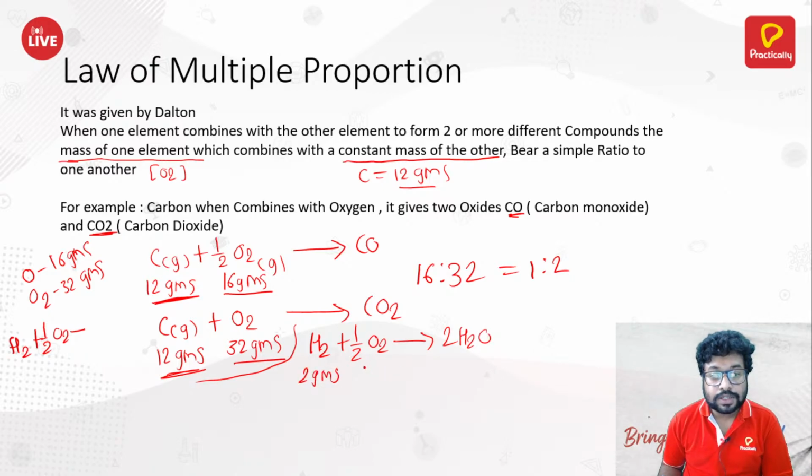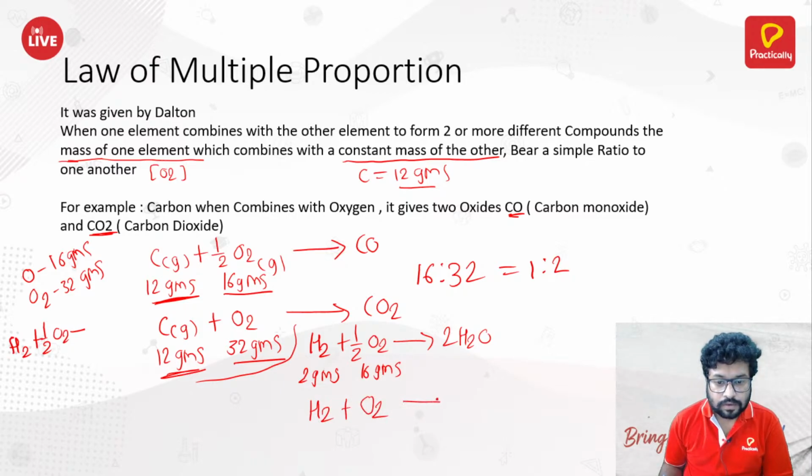How much is the oxygen? 16 grams. Same hydrogen reacts with a complete mole of O2 to give you H2O2. Okay, simple hydrogen. So again, hydrogen is 2 grams, oxygen is 32 grams. You get H2O here, that is water, and you get H2O2 here. This is hydrogen peroxide, that is water.